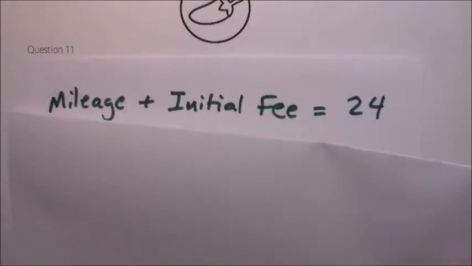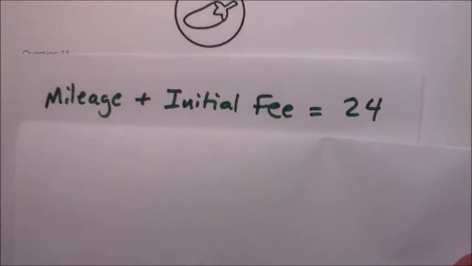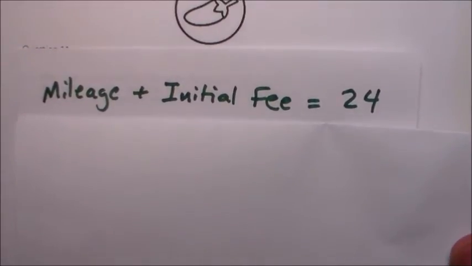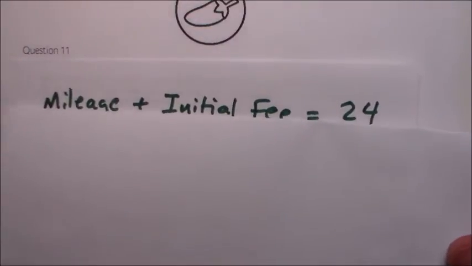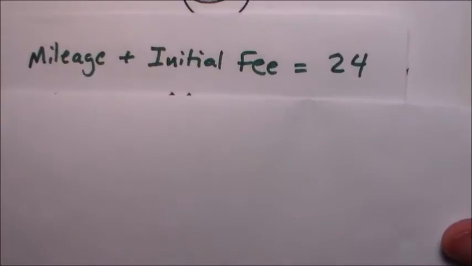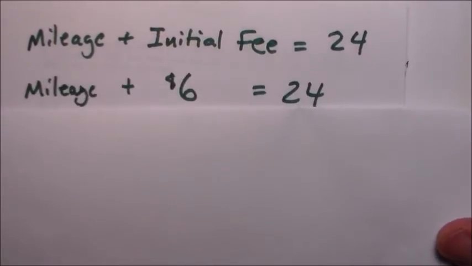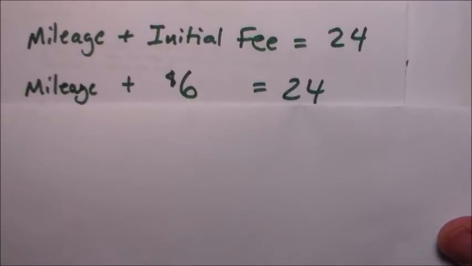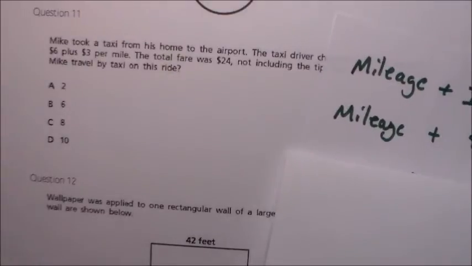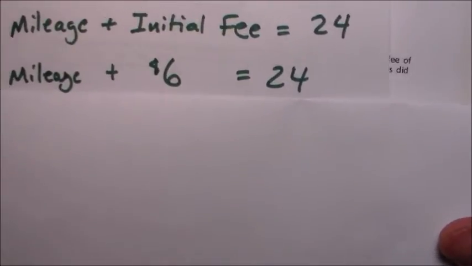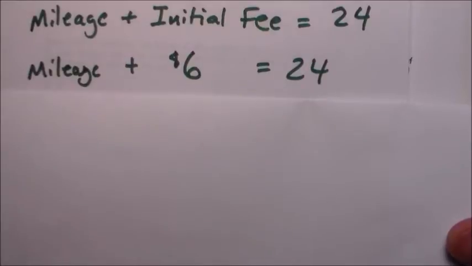So you have the mileage plus the initial fee is going to be $24, because it says you had $6 of initial fee plus $3 per mile, and the total fare was $24. The mileage we're going to have to deal with, but the initial fee is $6. It tells us right there, and the total fare is $24.